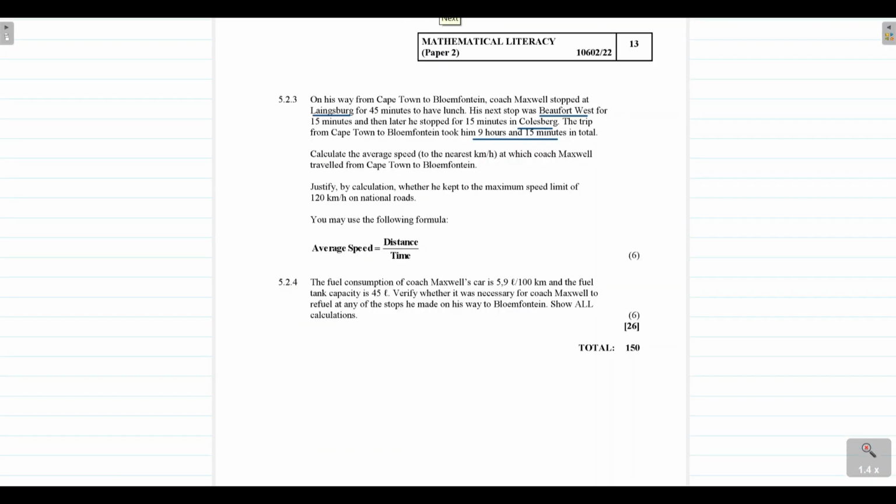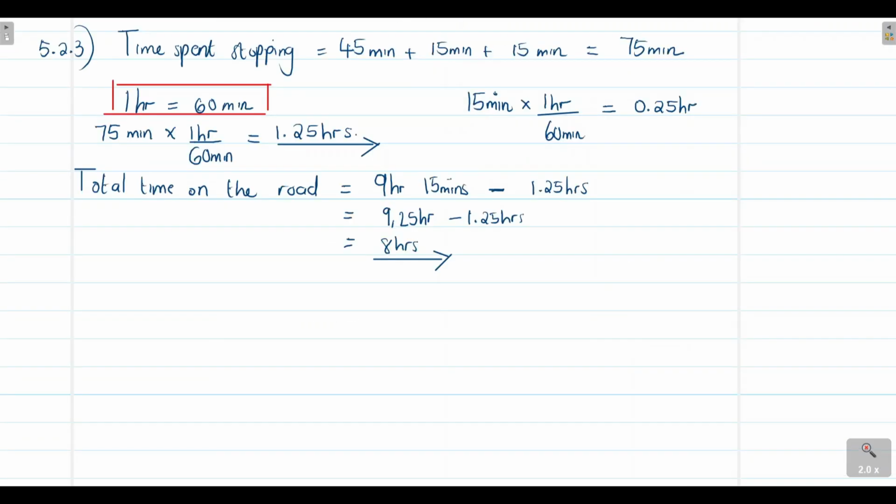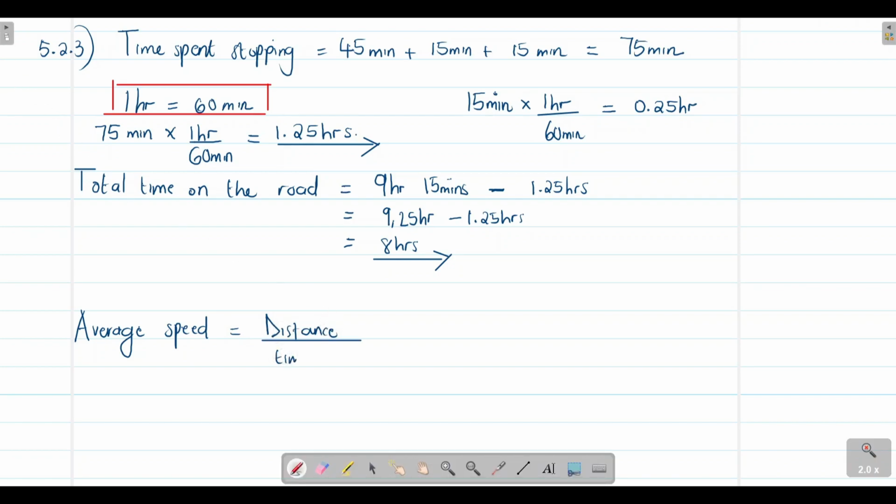Okay, so all we need to do now is substitute these values into our formula to determine the average speed. So therefore our average speed is equal to your distance divided by your time. Then we found that the total distance from Cape Town to Bloemfontein is 999 kilometers, right? The total time spent driving, we found that to be 8 hours.